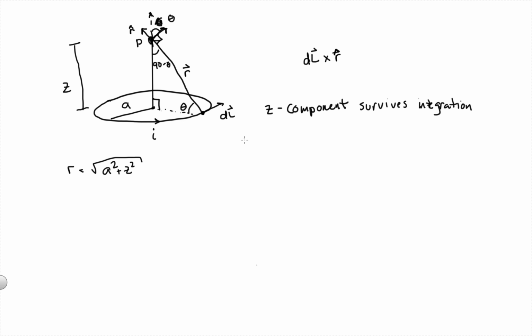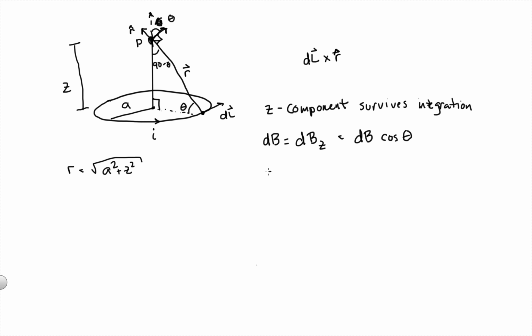And that means that we can recast our little piece of the magnetic field as really just the z component that we care about. And that is going to be dB, our little piece of the magnetic field, times the cosine of theta, because we want that piece that's adjacent to the z-axis.